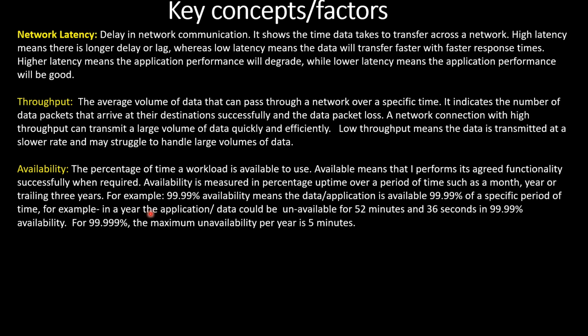For example, in a year, the application or data could be unavailable for 52 minutes and 36 seconds at 99.9% availability. For 99.999%, the maximum unavailability per year is 5 minutes. Availability is referred to as number of nines. For example, when we say 5 nines, it means 99.999%.